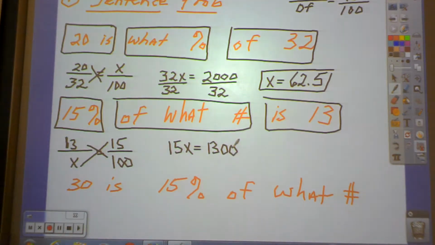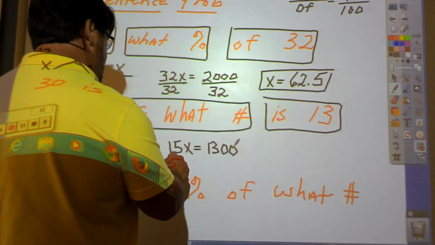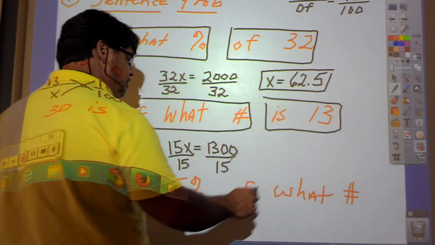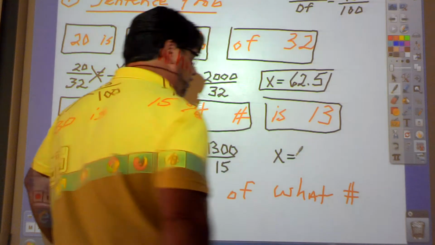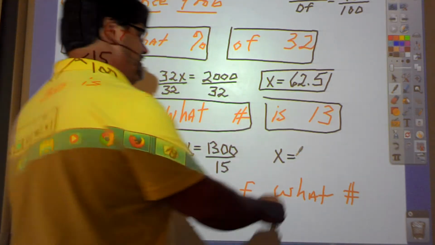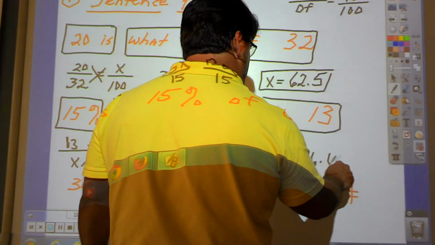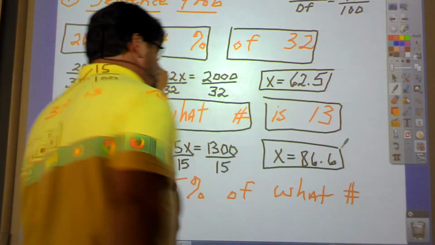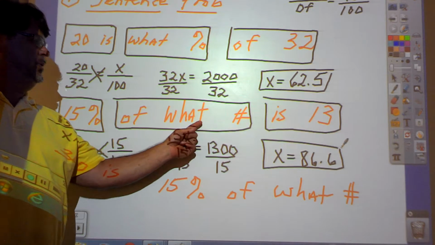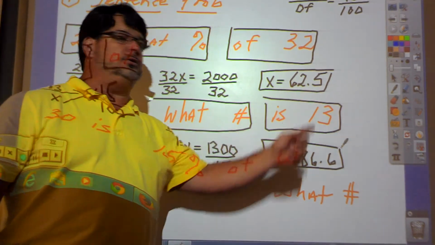And somebody divide 1,300 by 15. 86.6. So 15% of 86.6 is 13.